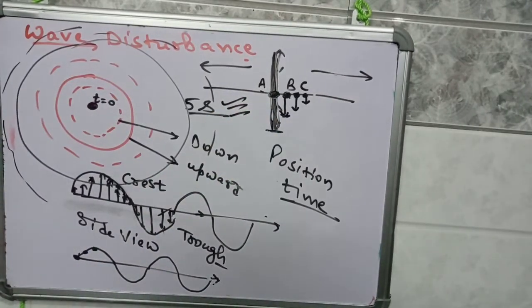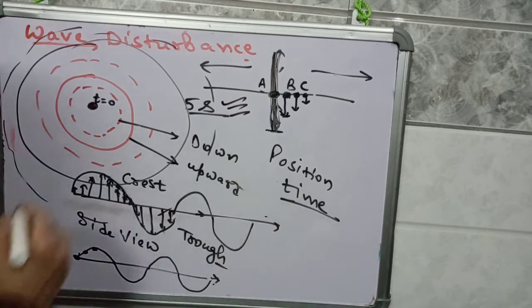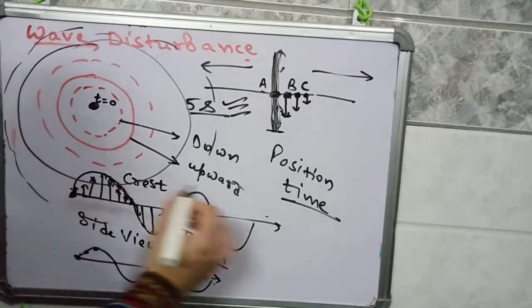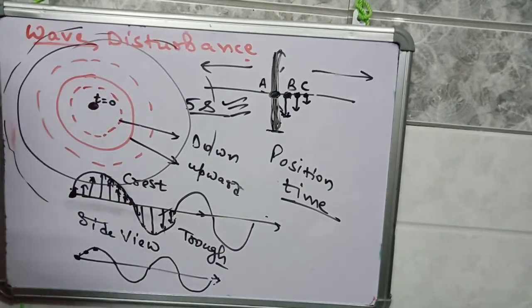In waves, oscillation is included. Waves are formed due to continuous oscillatory motion of the particles at their mean position. Particles are not moving from one point to another point. It is the waves which actually travel, or the energy which is transferred from one point to another point.